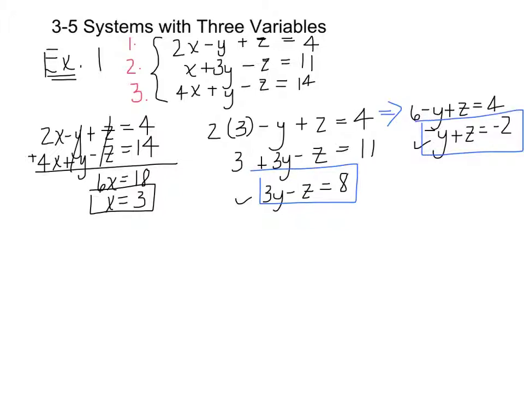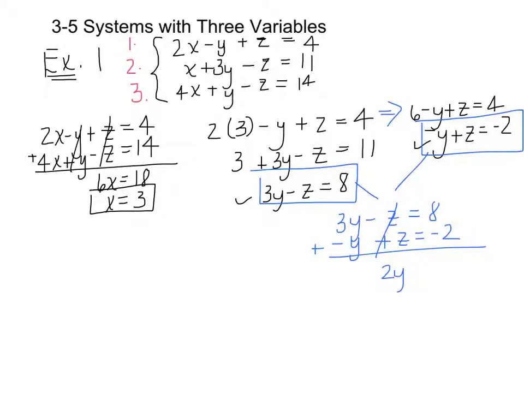So I have 3y minus z equals 8 and negative y plus z equals negative 2. And I'm going to add these two together. So the z's cancel. And you'll get 2y equals 6. So y equals 3.